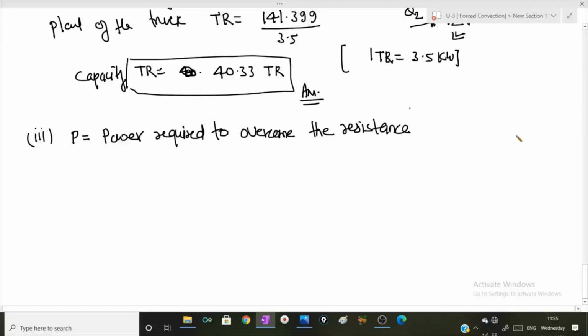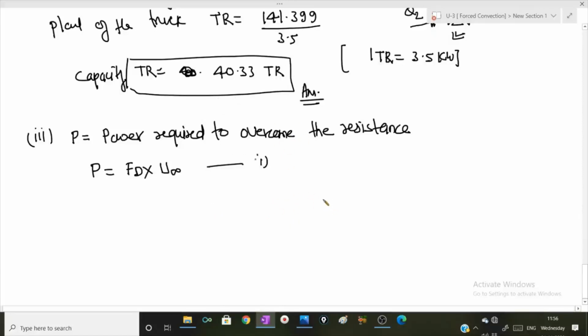So the engine of the truck has to work to overcome this drag force in order to move in the forward direction. So the power is given by drag force into the velocity, the mean free stream velocity of the ambient air flowing over the truck outer surface.